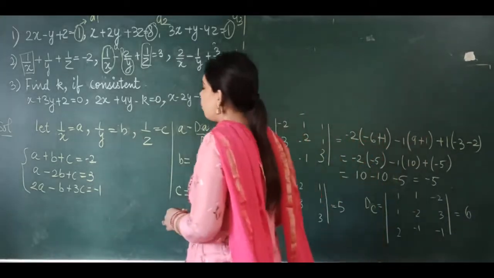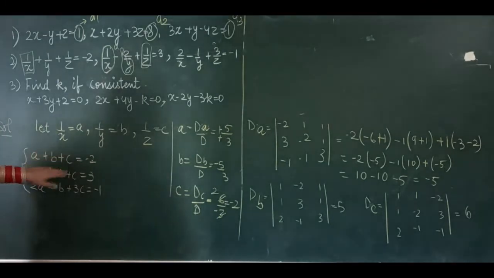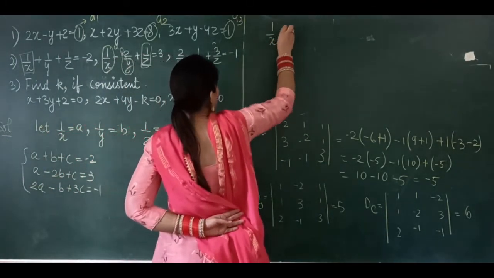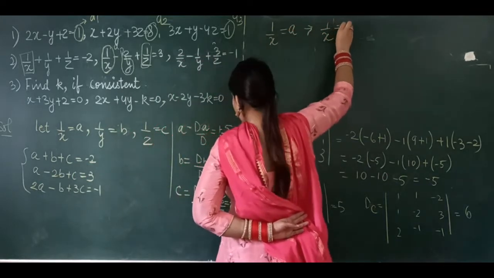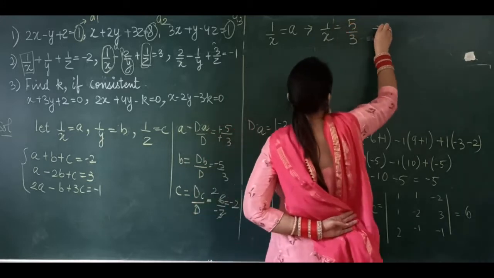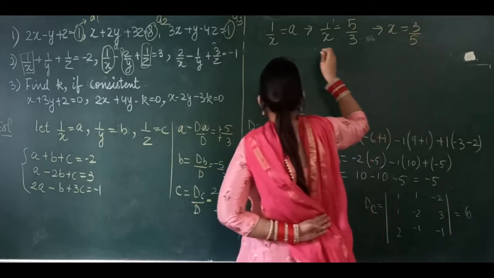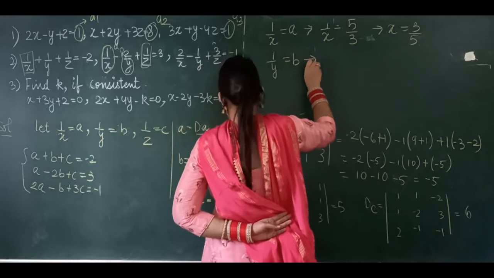So I have found the values of a, b and c, but initially my question was in x, y and z, so I have to find the values of x, y and z. If 1 upon x was equal to a, therefore 1 upon x will be equal to 5 upon 3. So here my x will be 3 upon 5. In the similar way, 1 upon y was b.